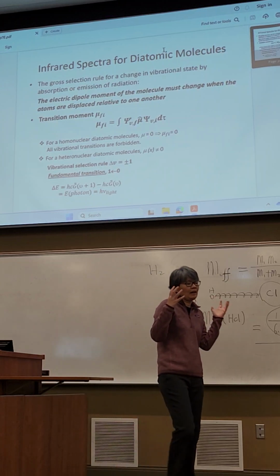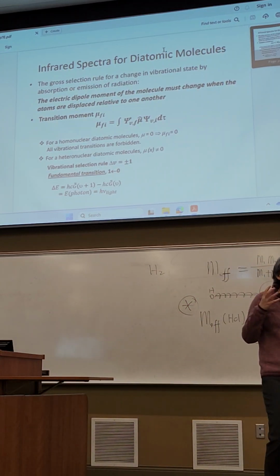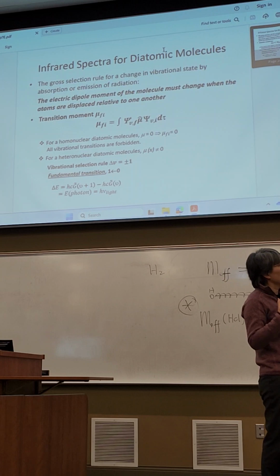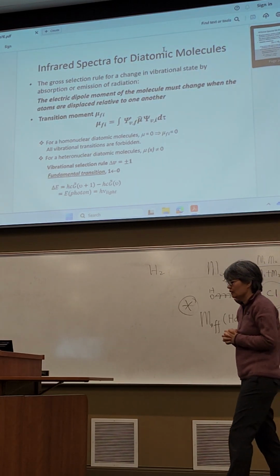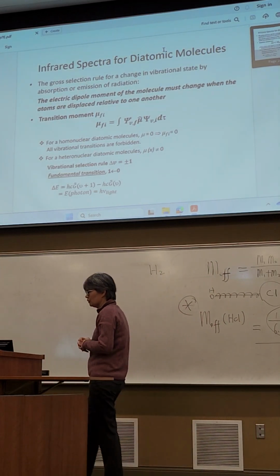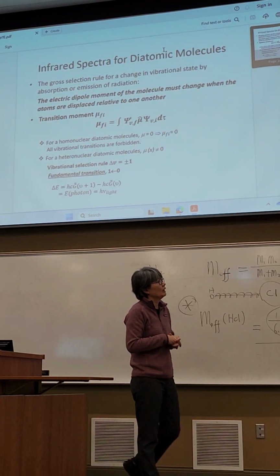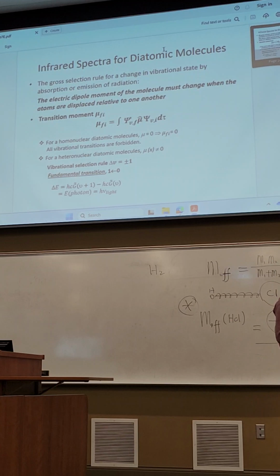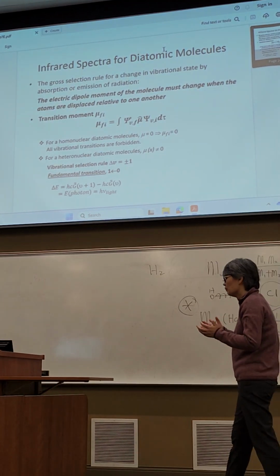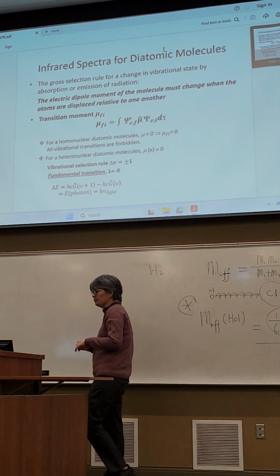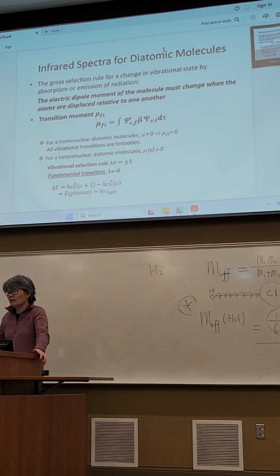It suddenly has to have a change in your dipole moment. Under this, we can have a transition moment. It's the evaluation of the integral between those two transition states, and that value has to be non-zero. In order to satisfy this integral, what we derive is the vibrational selection rule.